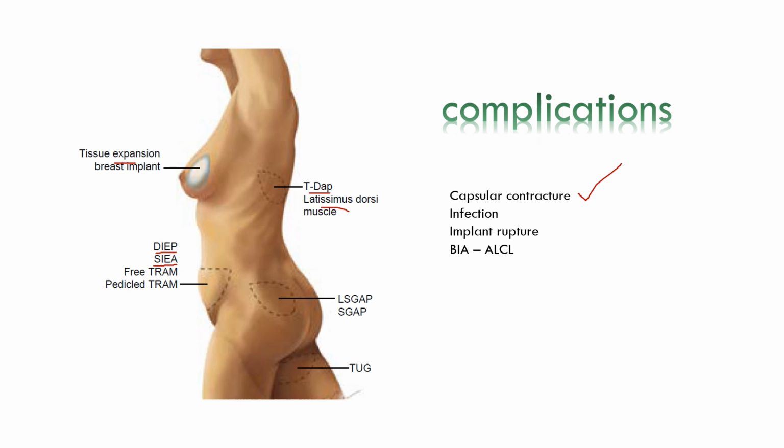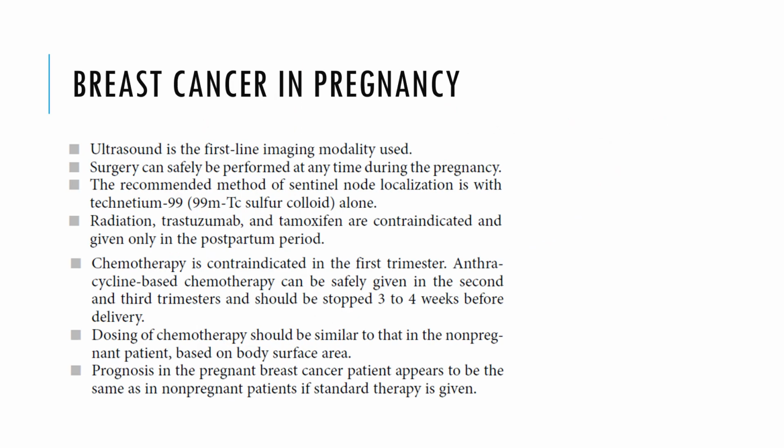That capsule can go for contracture. You have to then go for a capsulectomy or a capsulotomy. It can get infected. There can be an implant rupture or breast implant associated anaplastic large cell lymphoma. Okay, so that can be lymphoma also. It is rare, but it can be there.